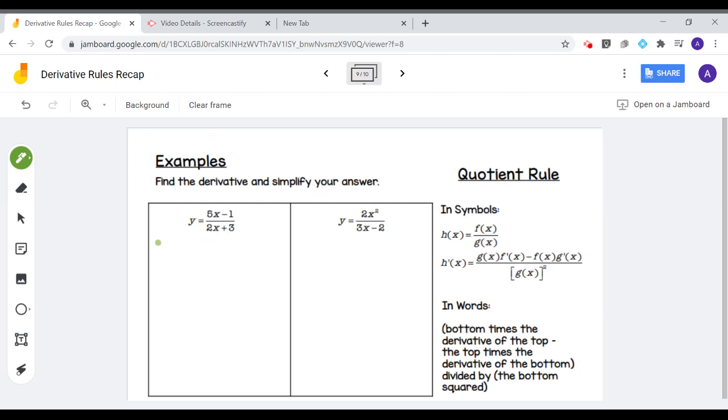So over here, if I want to take the derivative, I'm going to take the derivative of the numerator.